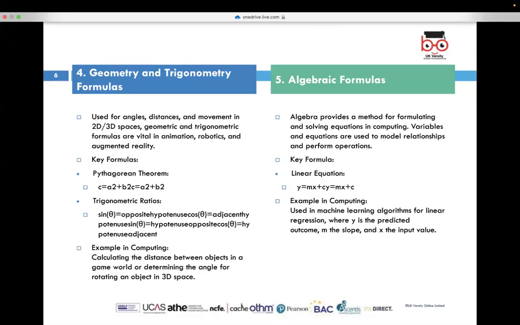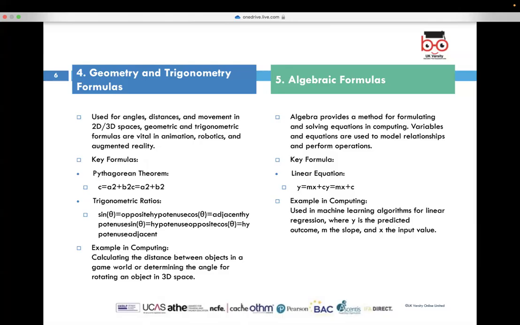Geometry and trigonometry formulas are used for angles, distances, and movement in 2D and 3D spaces. Geometric and trigonometric formulas are vital in animation, robotics, and augmented reality.